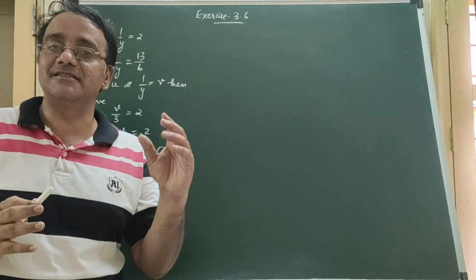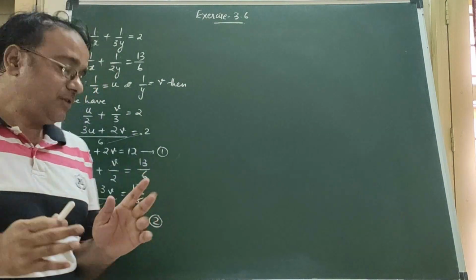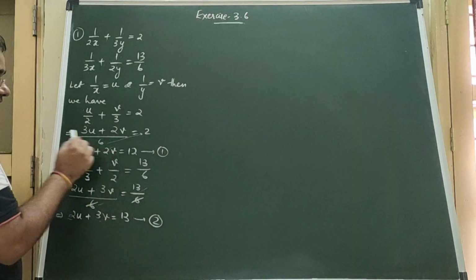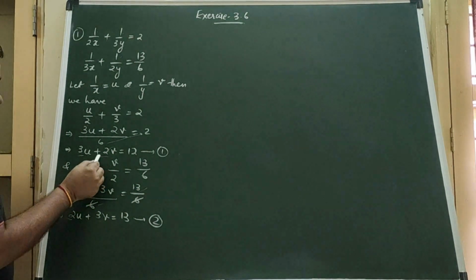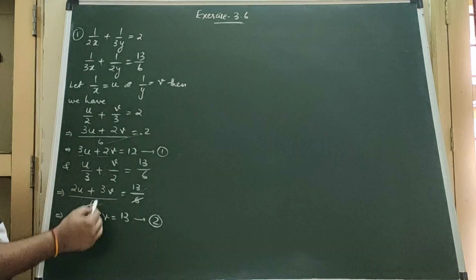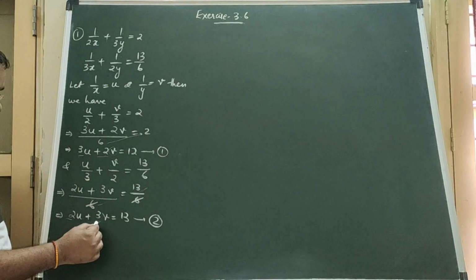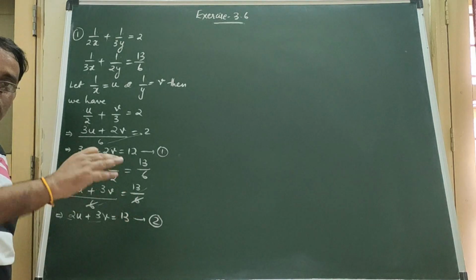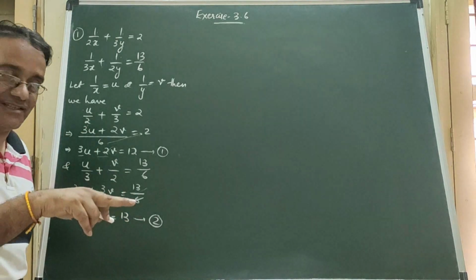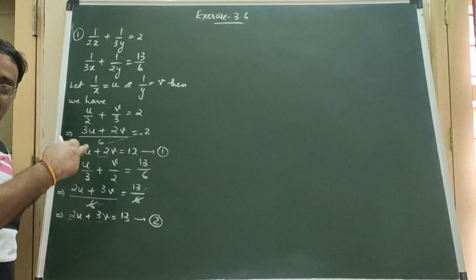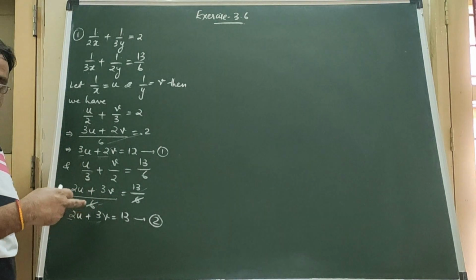Both the signs are the same in both the variables. So I am going to select v. So यहाँ पे +3 और यहाँ पे +2 है. So we'll multiply 3 to the first equation and 2 to the second, so that both will become 6.